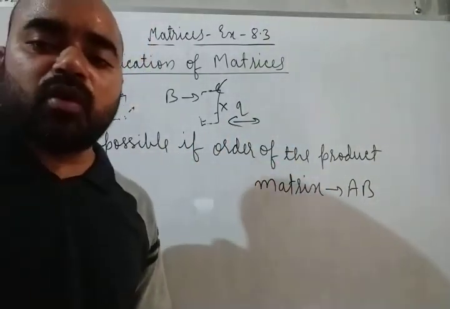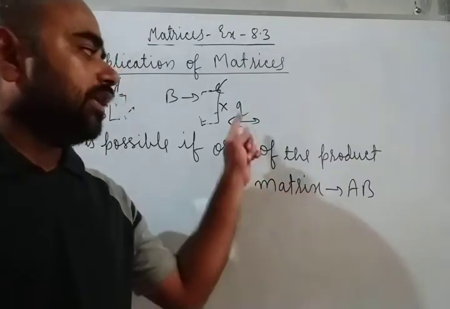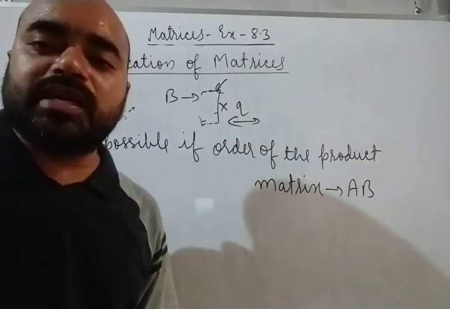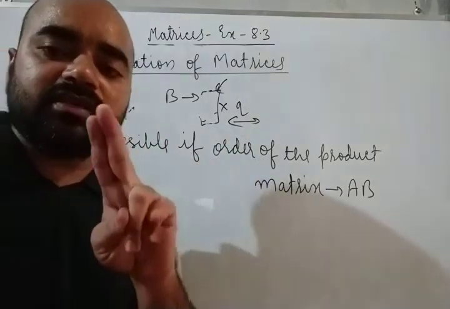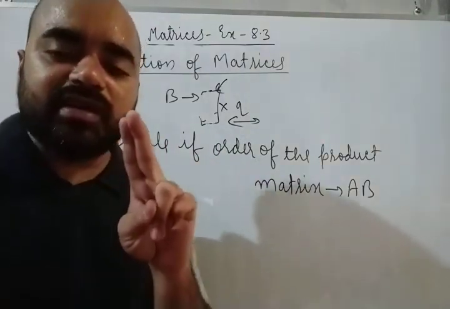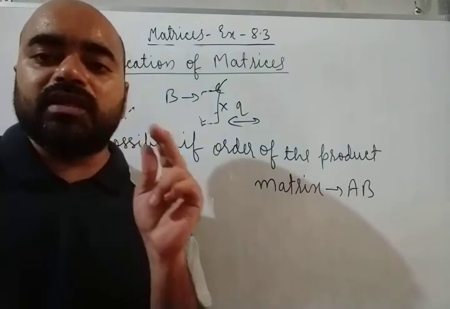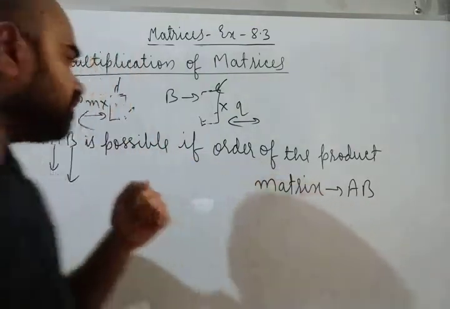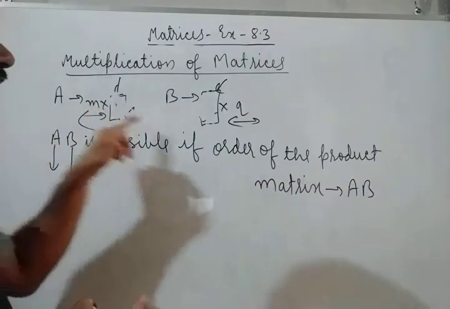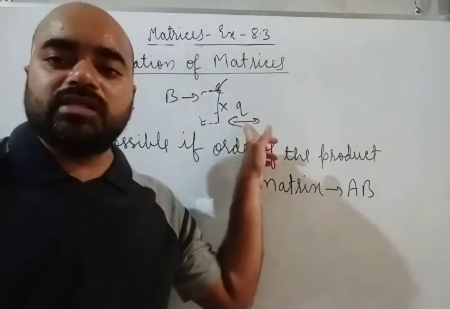m is the number of rows in the first matrix. q is the number of columns in the second matrix. Two quantities were required for checking whether two matrices can be multiplied or not. Now two quantities are left: the number of rows in the first matrix and the number of columns in the second matrix.